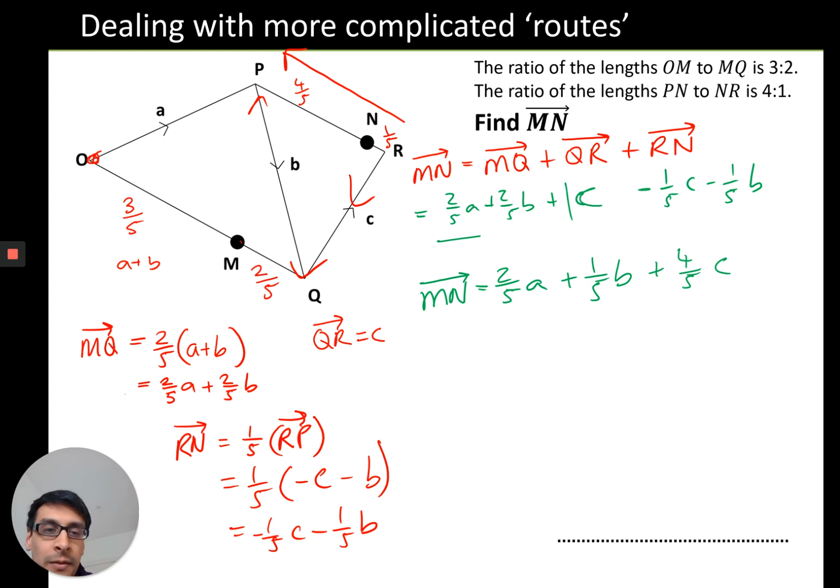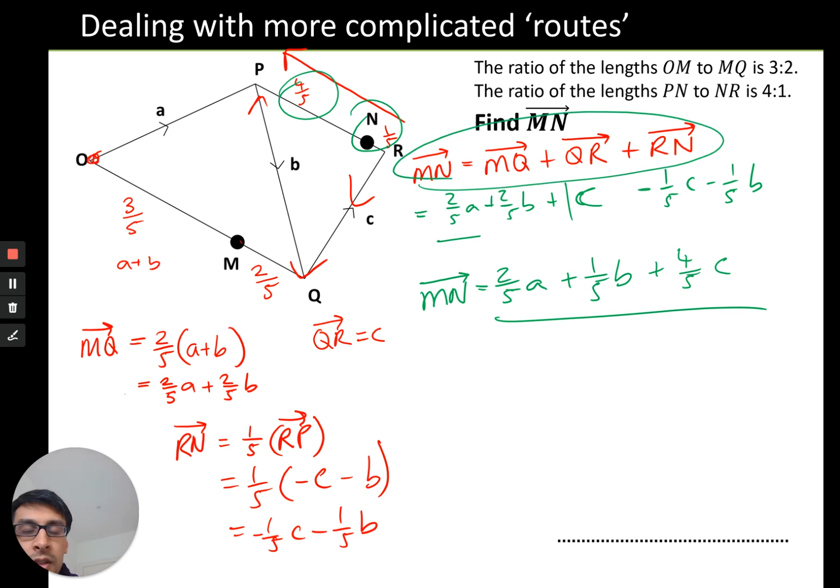So that's one take away a fifth, so it's 4/5. This is your answer, MN. You can pause the video if you want to study that in a bit more detail. But the key points, like I said, are to write the ratios on, write your route, and then work out each part, simplify it, and then bring it together.